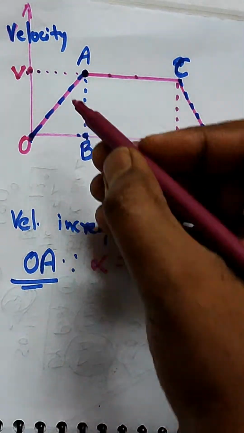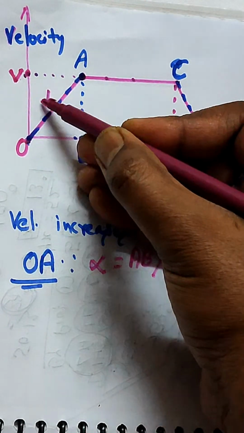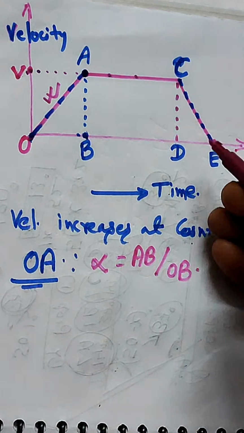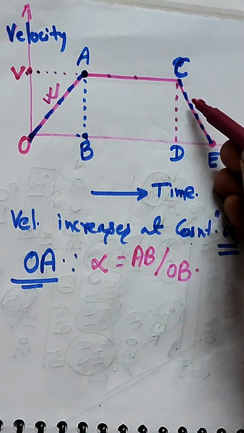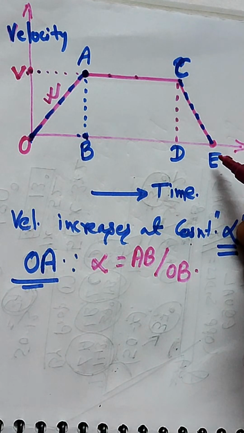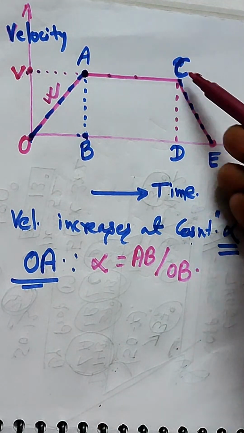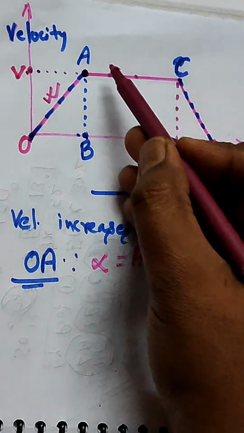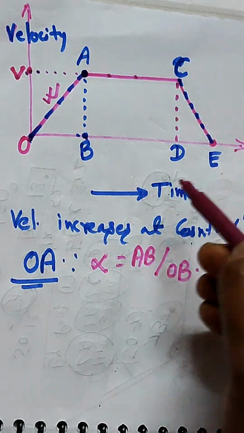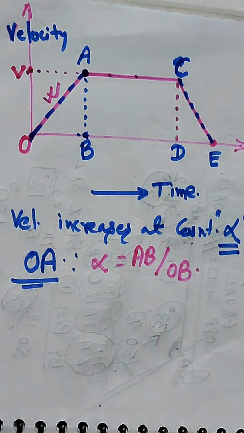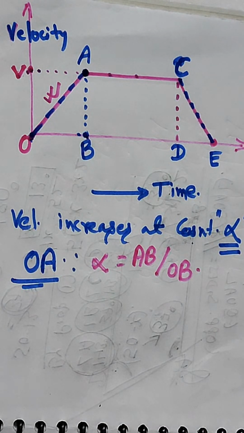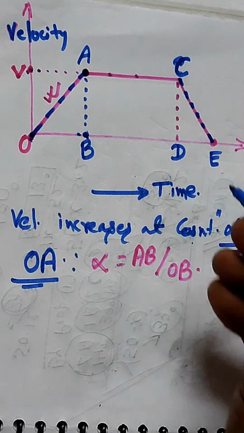Since we have calculated the acceleration part, for the deceleration, that is from C to E, let us calculate that. I mean to say the section CE, then we will come to AC. So for the section CE, it's given that it decreases at a constant rate beta.